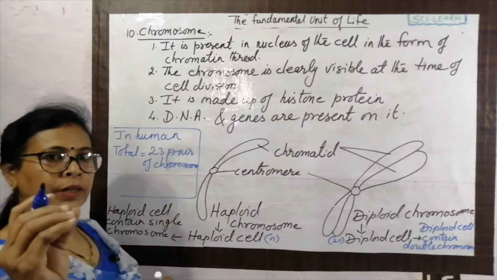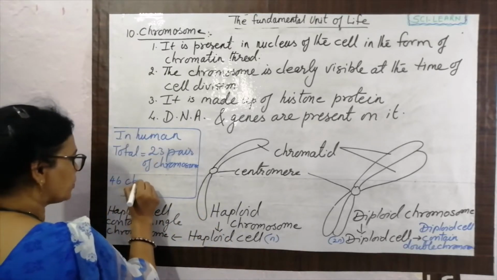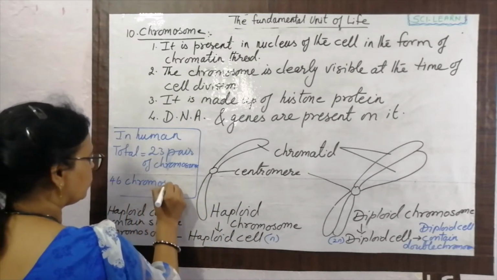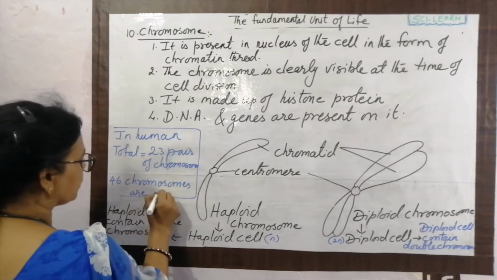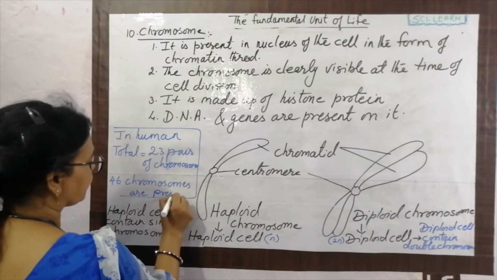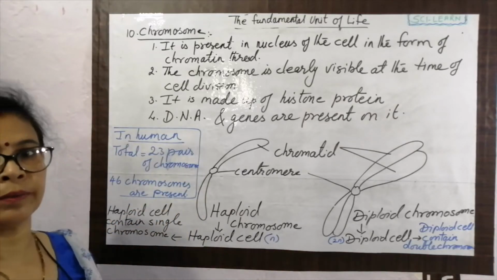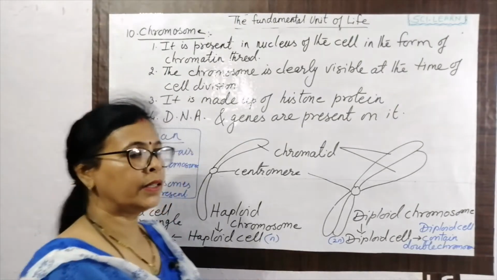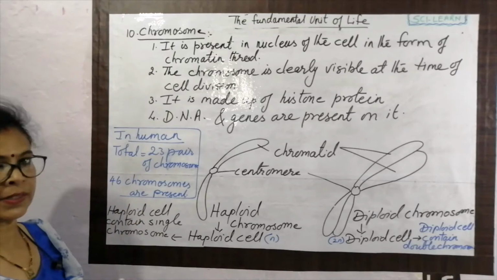If we count in the singular number, total 46 chromosomes are present. Where? In human. Must remember, it is in human. Total 23 pairs, and in number 46 chromosomes are present there.